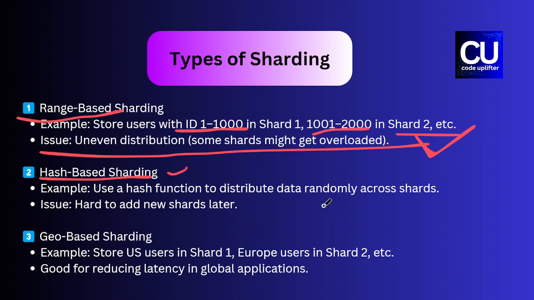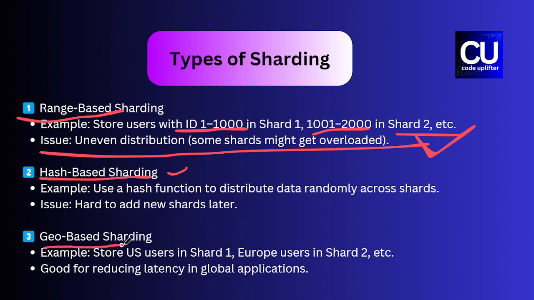For example, your name or your ID is something, a UUID, then you can make a hash of it using any hashing function. Then you can take the remainder with the number of shards. Then the remainder that you get, you can find exactly in which shard your data is going to be stored. So this is called hash based sharding.